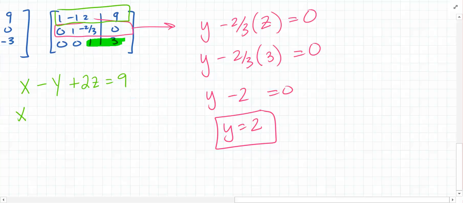Yep. Is equal to 9. So x minus 2 plus 6 is equal to 9. So that says that x plus 4 is equal to 9. So x must be what? X must be 5. Hey, there it is.